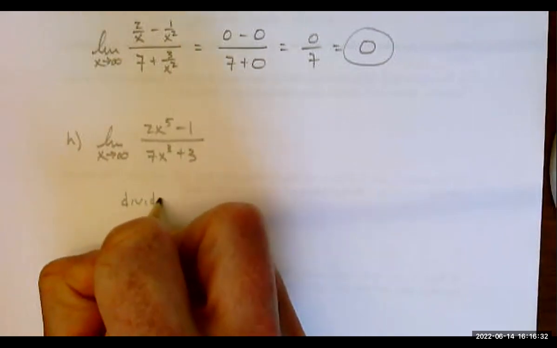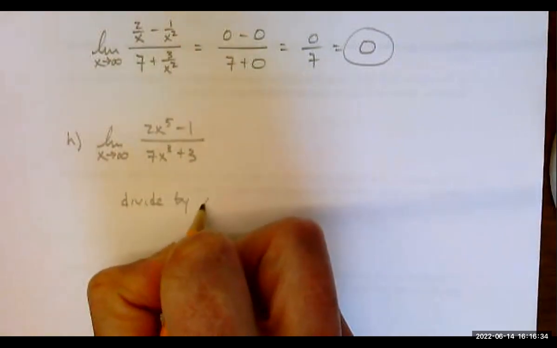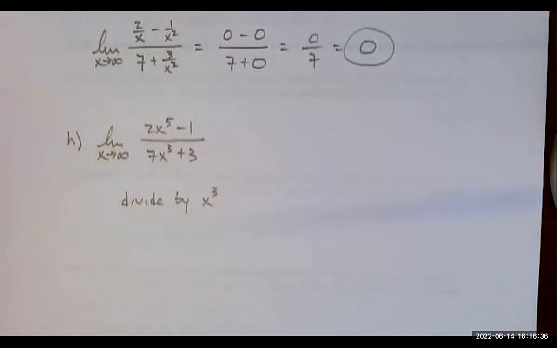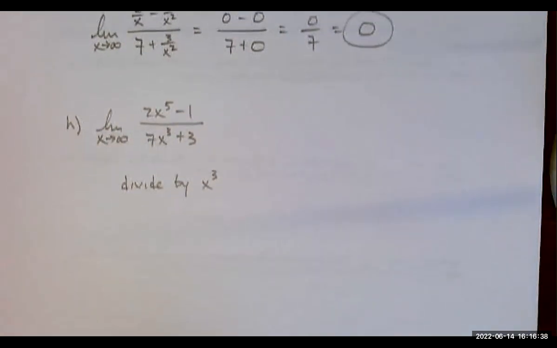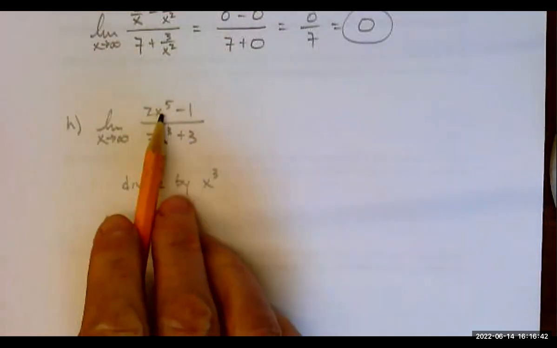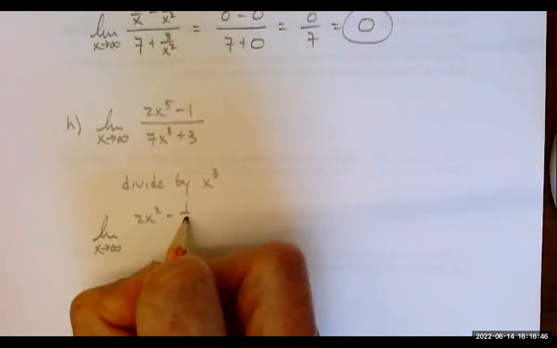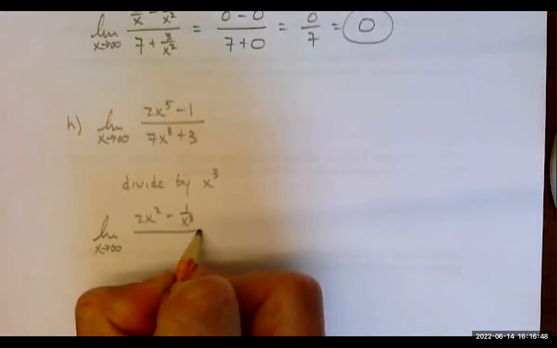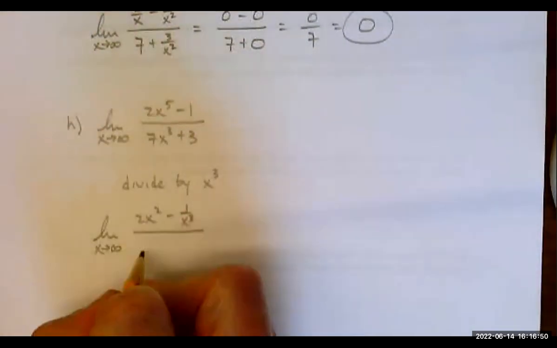We're going to divide everything by the largest power of x in the denominator, x cubed. What's that going to leave us with? Dividing by x cubed gives 2x squared minus 1 over x cubed, over 7, because we don't want the denominator to go to 0, so we limit ourselves at that, 7 plus 3 over x cubed.